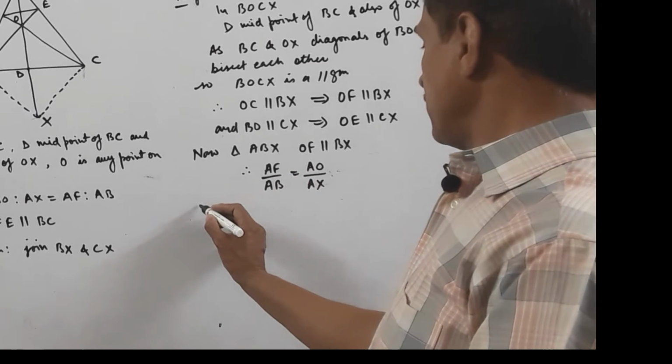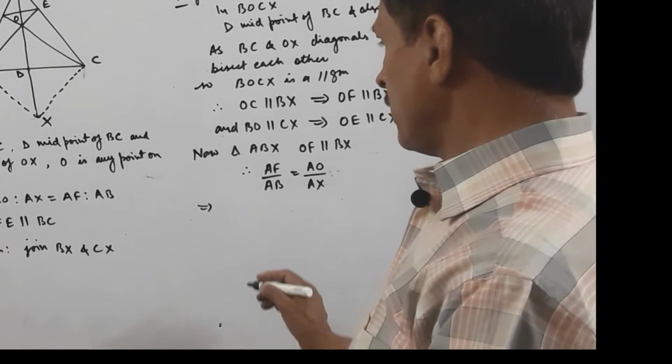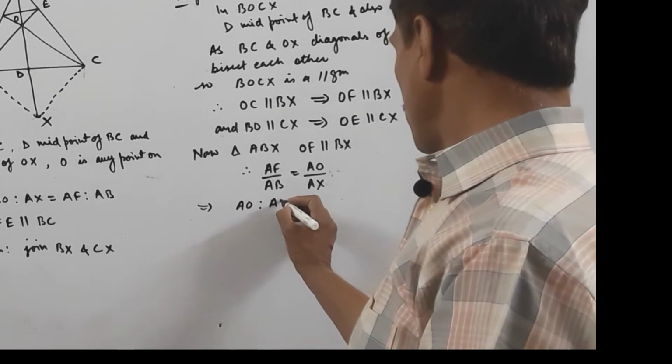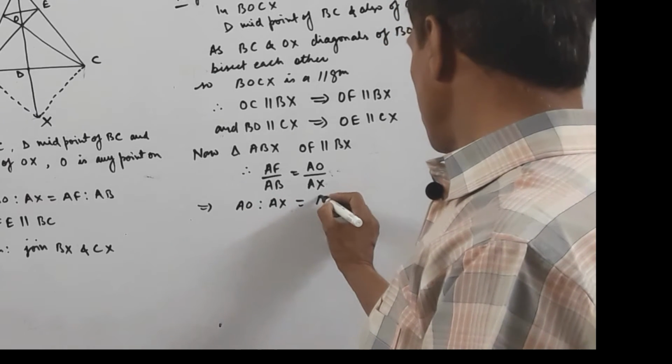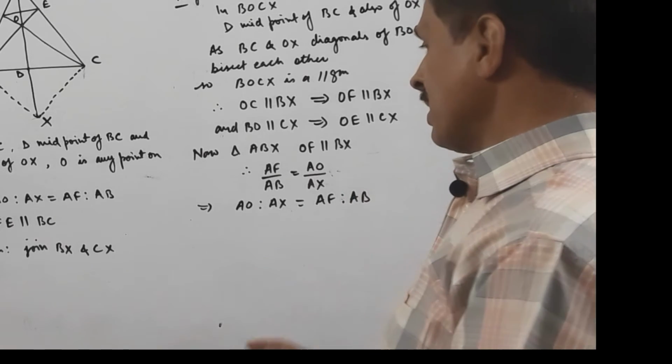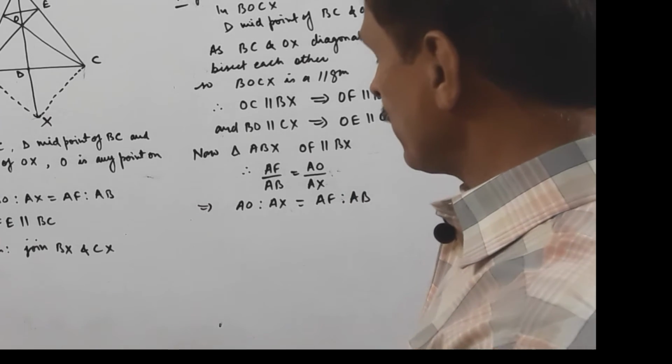It thus implies AO ratio AX is equal to AF ratio AB. Part 1 is proved.